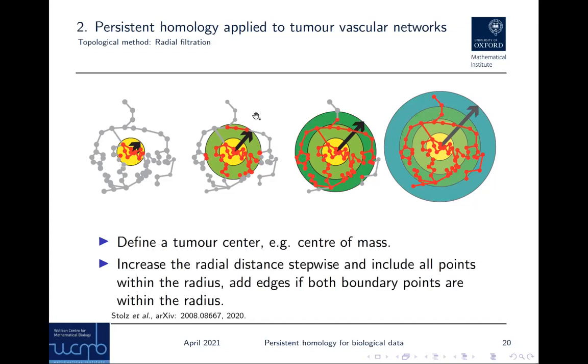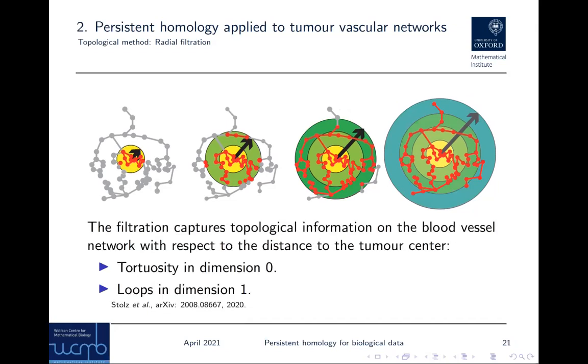Whatever is in this radius, so all points and edges, if both of their boundary points are within the radius, are included in the filtration. And by stepwise growing the sphere, I include more and more of the network in the filtration and slowly build this up stepwise.